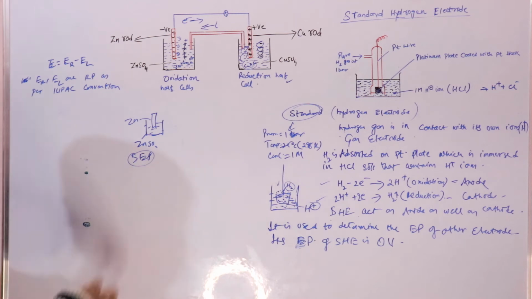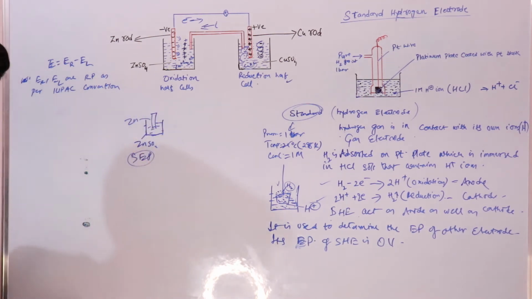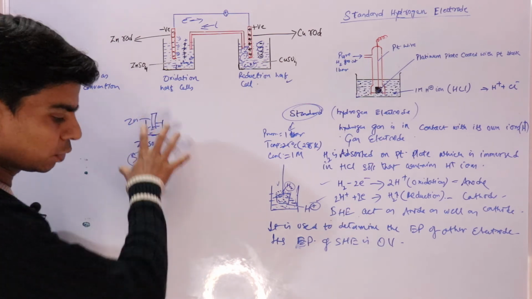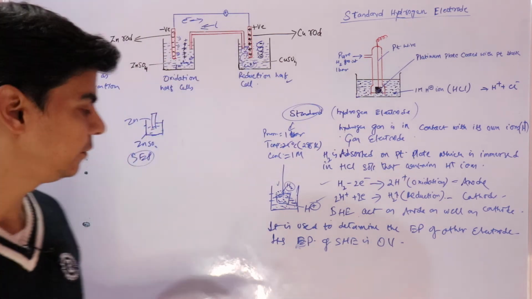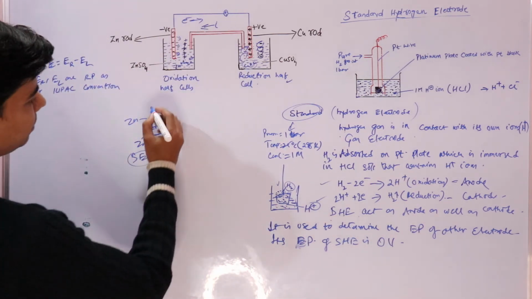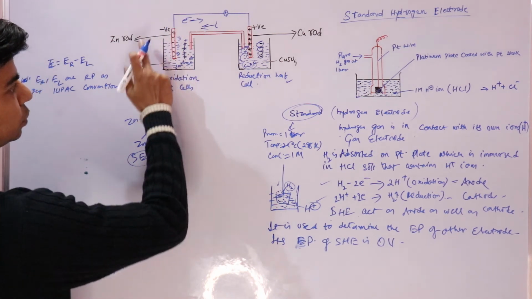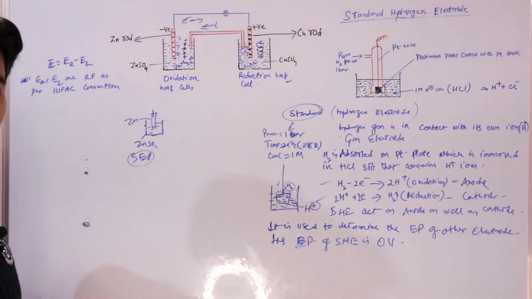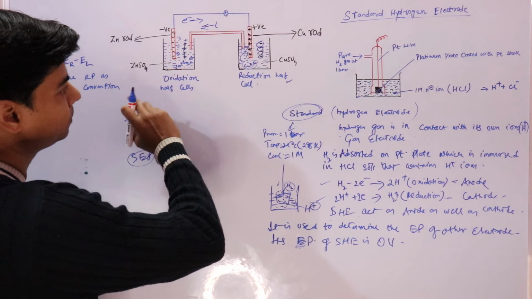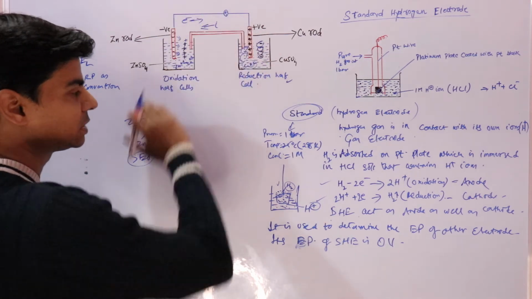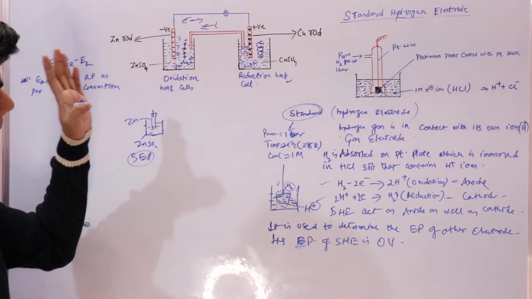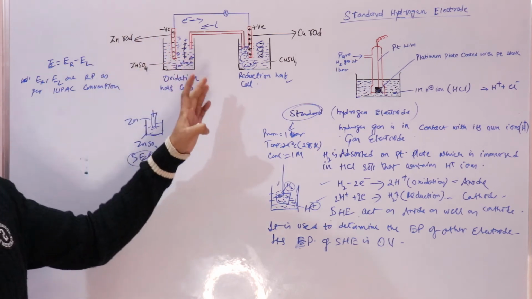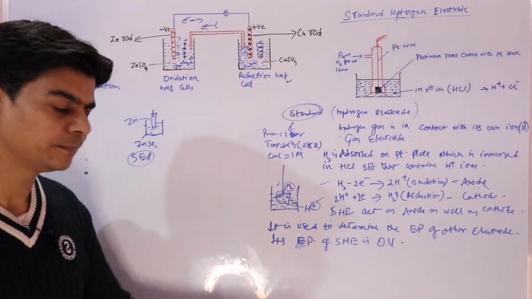At a single electrode, oxidation or reduction potential is not possible. Zinc electrode loses electrons, which are gained by the copper electrode. Due to this transfer of electrons, a spontaneous redox reaction takes place, and electrode potentials develop in both the half cells.